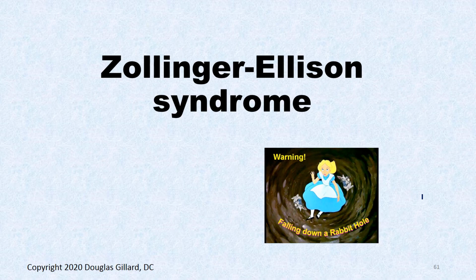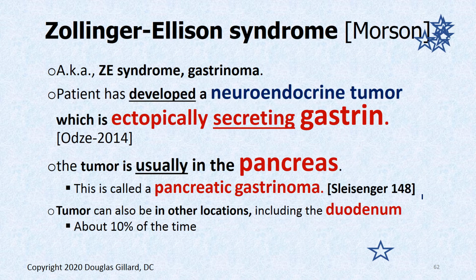All right, let's talk about Zollinger-Ellison syndrome, get to some pathology now. So in this condition, the patient has developed a neuroendocrine tumor that usually lives in the pancreas, so it's ectopically secreting gastrin, right?